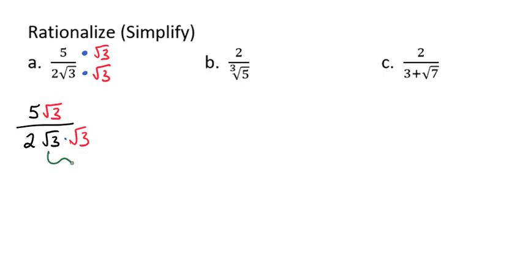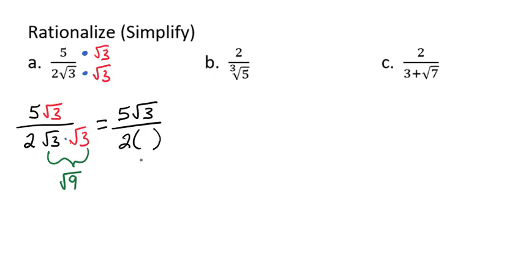Now we know that the square root of 3 times the square root of 3 makes the square root of 9. So what we're really looking at here is 5 times the square root of 3 in the numerator over 2 times the square root of 9, and the question is, what is the square root of 9?